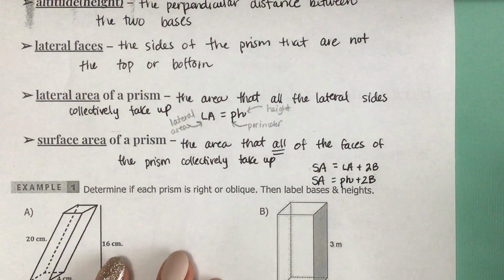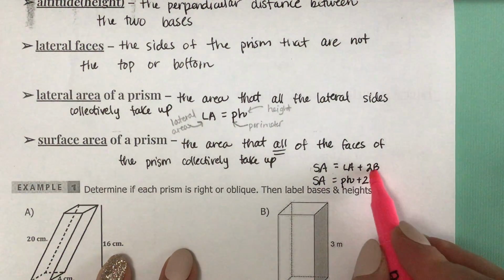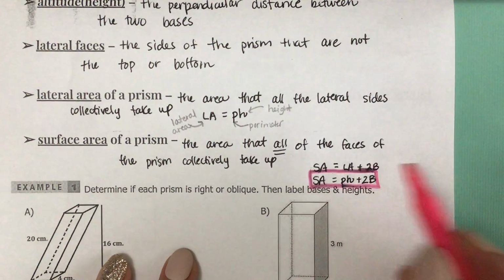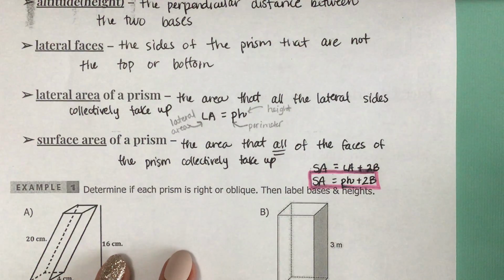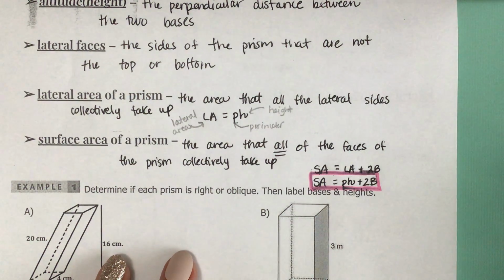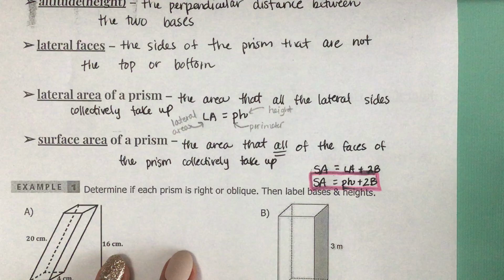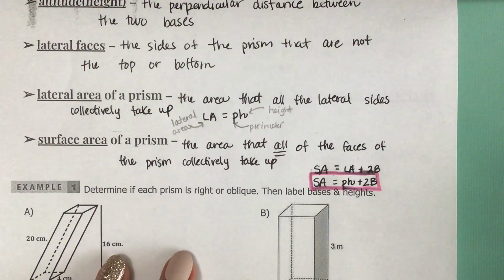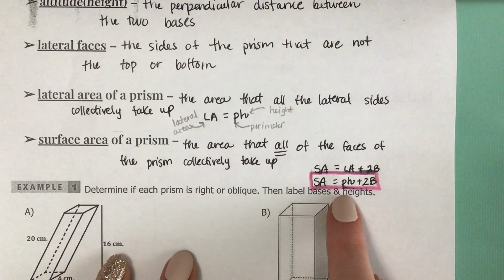Now I am using a capital B right here because in some future sections for chapter 11, a capital B is going to mean the base of the entire prism, and then a lowercase b is going to mean the base of a polygon of like a face of the prism. So you do want to be specific. Are you using a capital P or a lowercase p?